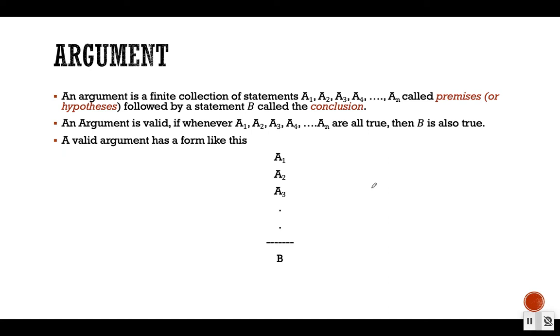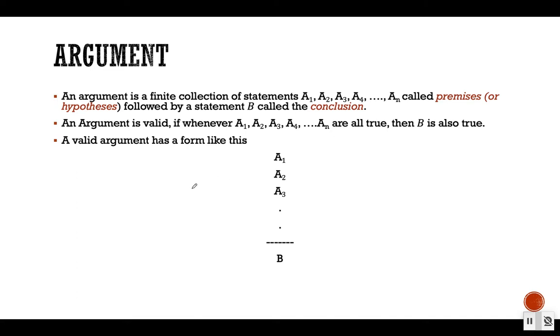So given some set of statements, if that set of statements is true, can we prove that some other statement is true? An argument is a finite collection of statements a1 to an, known as hypotheses or premises, followed by a statement b called the conclusion.